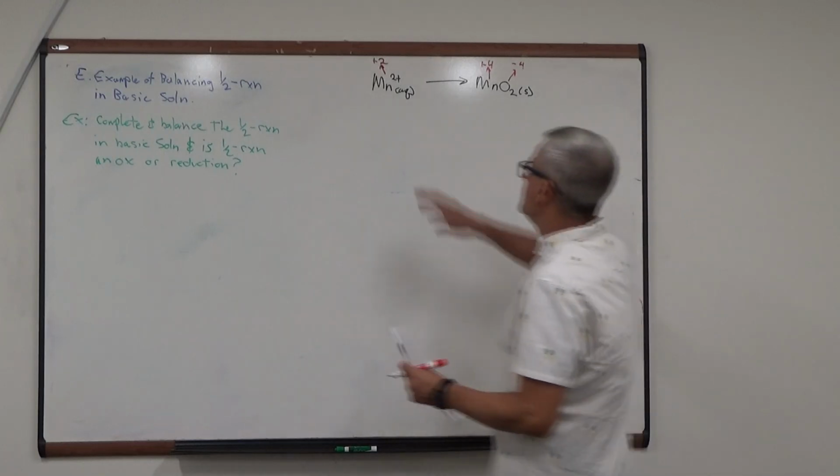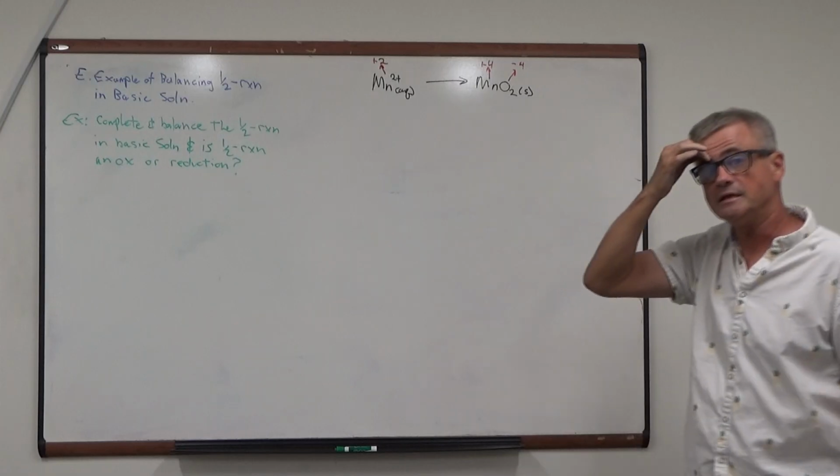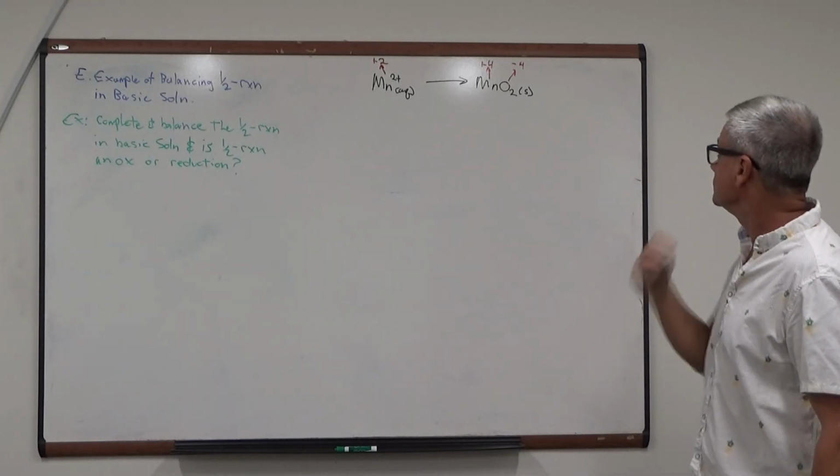The manganese 2 plus is losing 2 more electrons to become manganese +4.